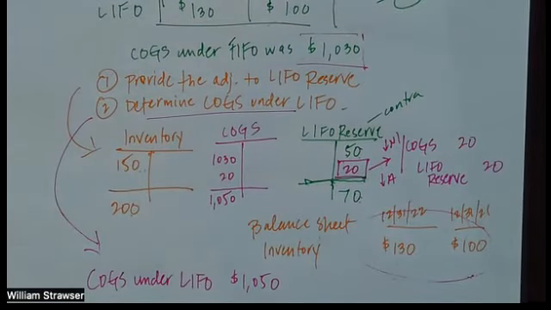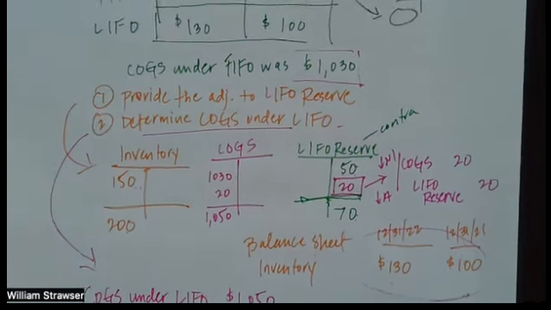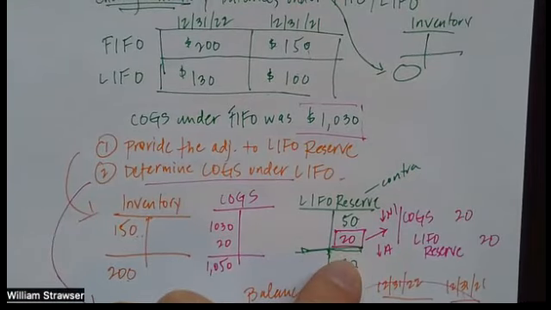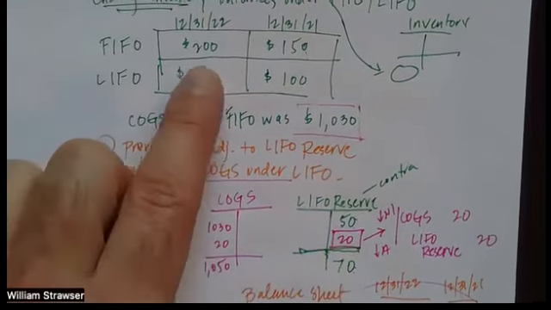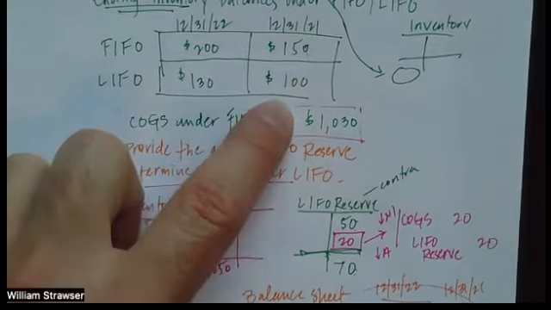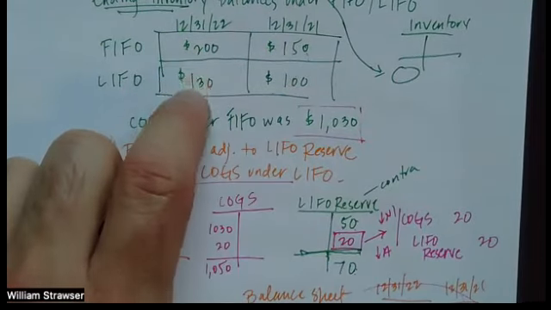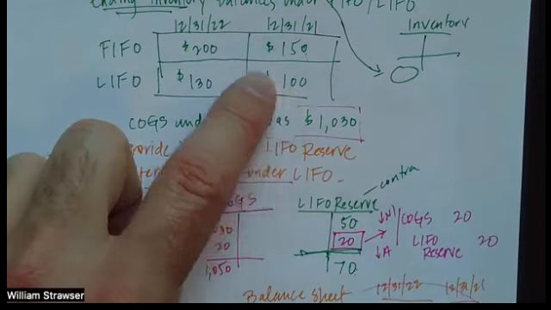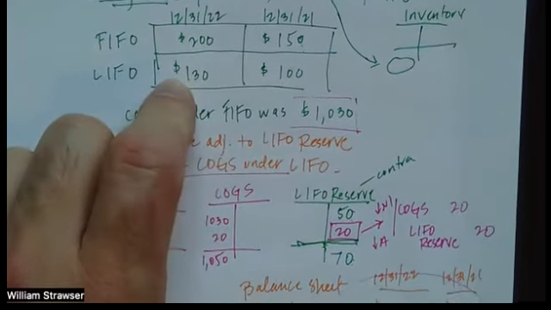So that's how you manipulate. That's what you learn from the differences in LIFO reserve. I did it kind of like to reinforce the narrative, to really give you a visual of what's going on. The reserve balance is the difference between FIFO and LIFO at the beginning of the period and FIFO and LIFO at the end of the period.